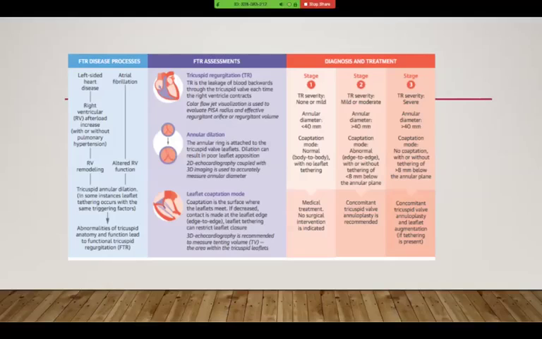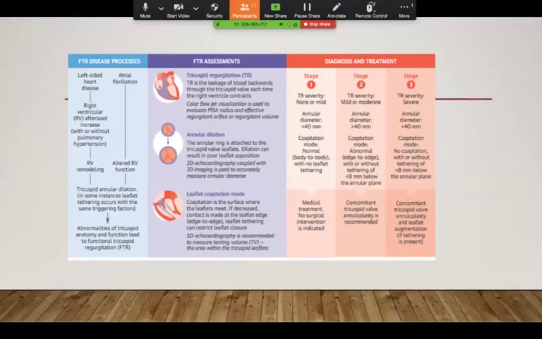That was a good presentation, basically giving a baseline of the pathophysiology of how tricuspid regurgitation develops. So basically, what we have to understand here is tricuspid regurgitation is of 2 types, that is functional and organic.